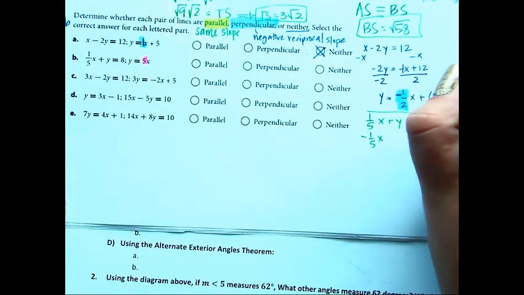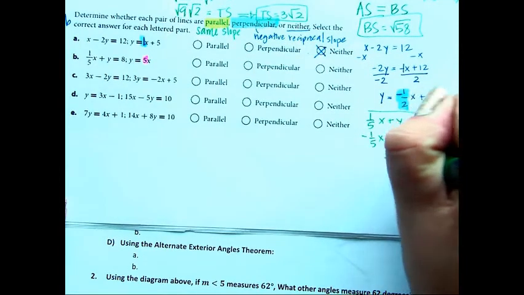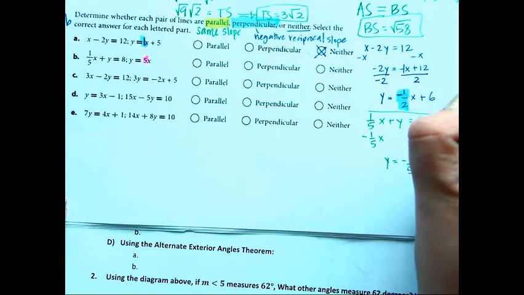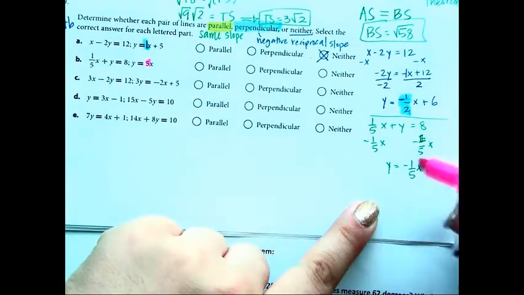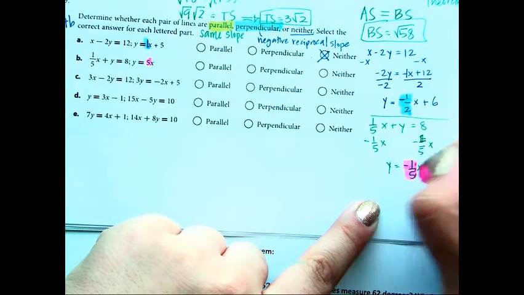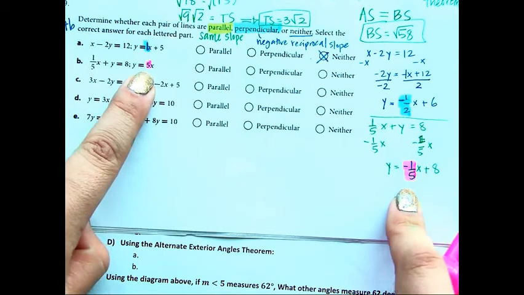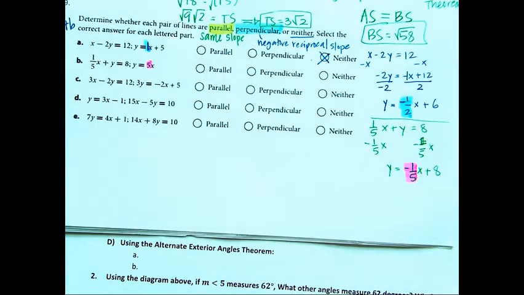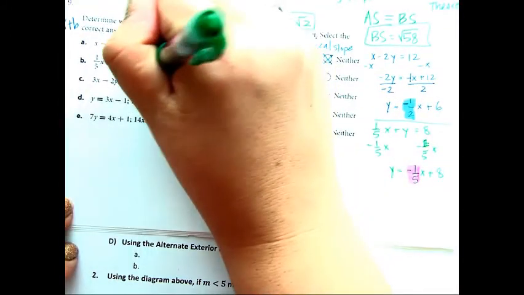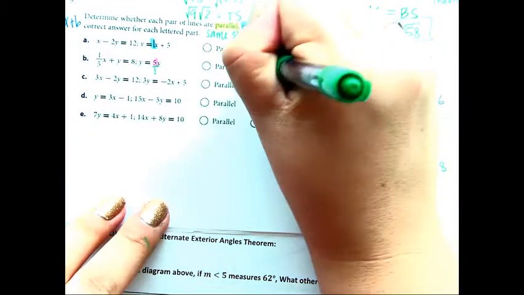So this becomes y equals negative 1/5 x plus 8. Now if I'm looking at those slopes, I have 5, and then I have negative 1/5. So those are not the same, so they're not parallel, but they are negative reciprocals of each other. 5 I can write as 5/1, and the negative reciprocal of 5/1 would be negative 1/5. So these are perpendicular.